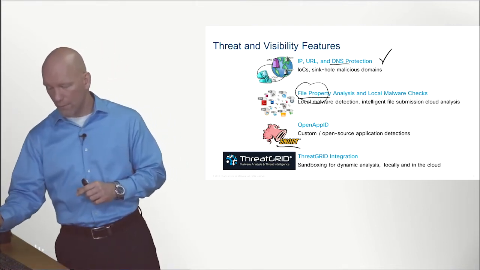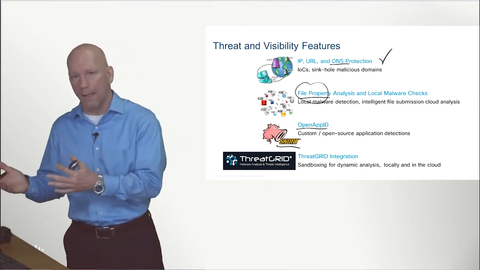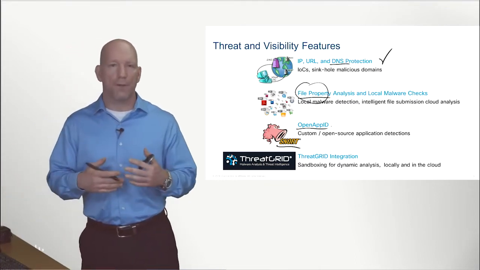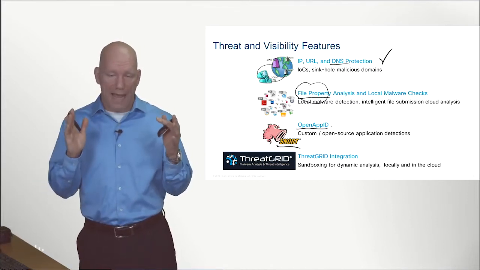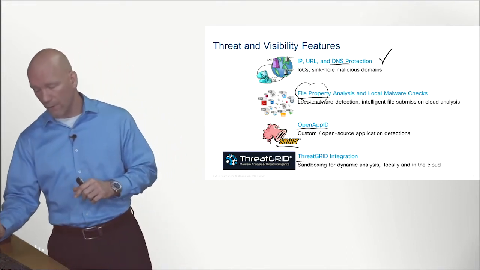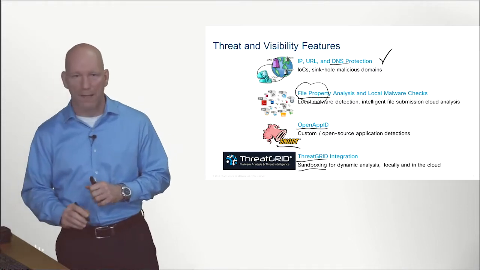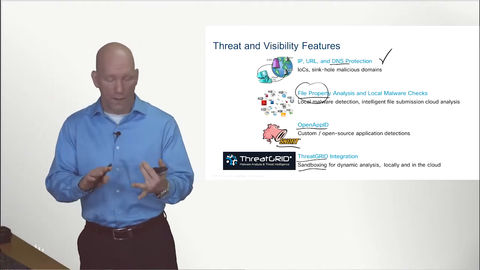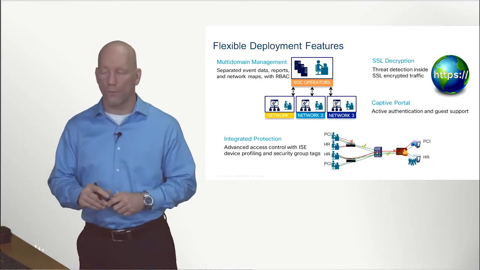Also, via Snort, the Open App ID defining applications by the app itself, and then being able to more quickly understand what that application is trying to do and make sure that the application operation is within the defined boundaries. And then as we mentioned earlier, Threat Grid integration, literally dynamically sandboxing our activity, our sessions, our packets for a deeper analysis into that packet.